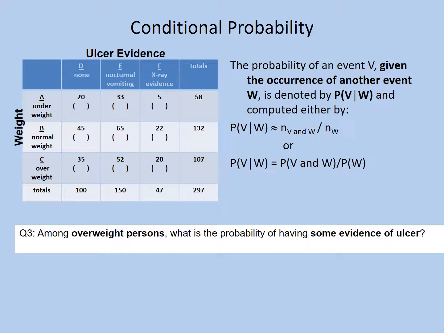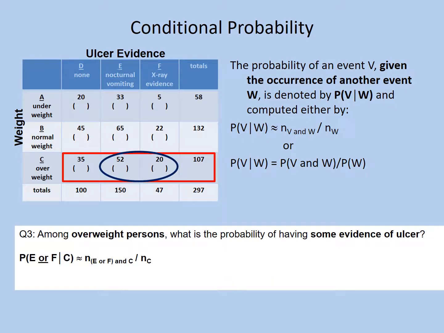For a third question, we ask, among overweight persons, what is the probability of having some evidence of ulcer? The answer is the probability of the event E or the event F, the union of these two events, given the event C, the event of being overweight. Looking at the table, we see that among the 107 persons who are overweight, 52 plus 20 persons have some evidence of ulcer.